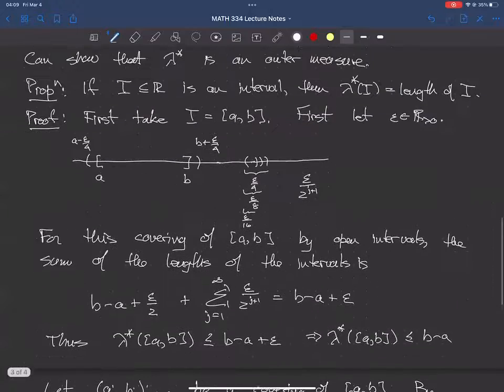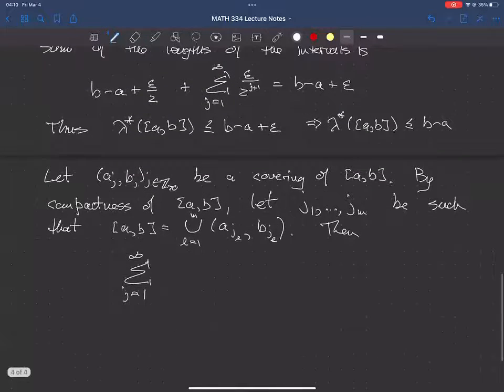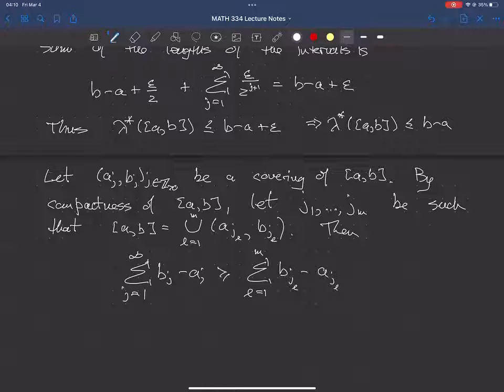I want to look at the thing that I've been taking the infimum over, which is the sum of these lengths, b_j minus a_j. That is going to be greater than or equal to the sum from l equals 1 to m of b_Jl minus a_Jl, just because these numbers are contained in these.